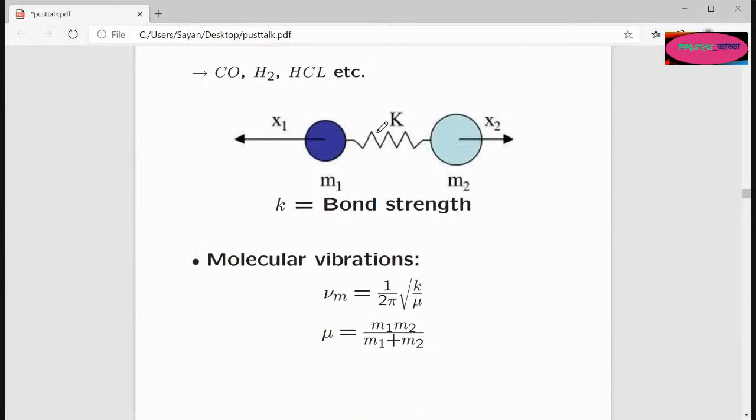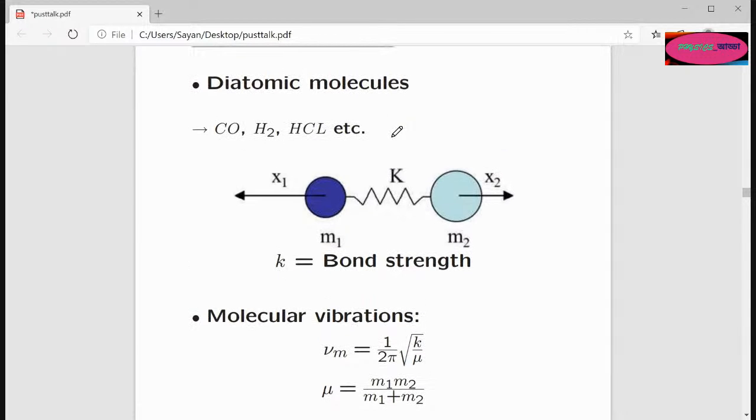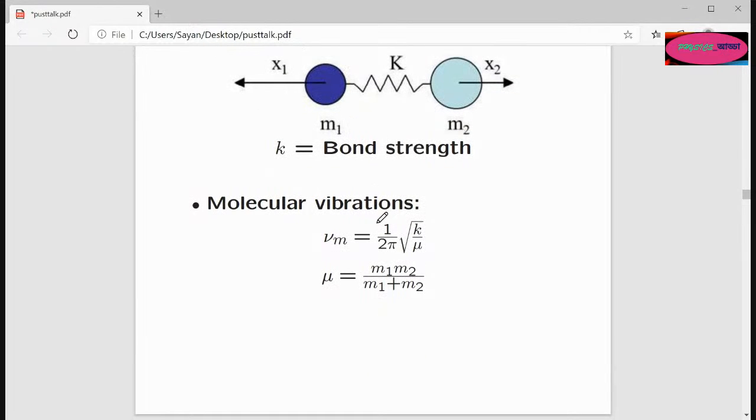Now, your job, essentially, is to find out that bond strength. So how will you find it out? You will have to find it out through what are called molecular vibrations. Now, of course, you cannot observe molecular vibrations directly.